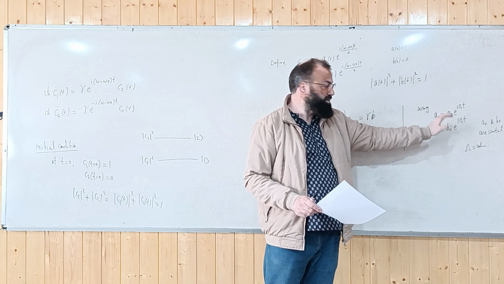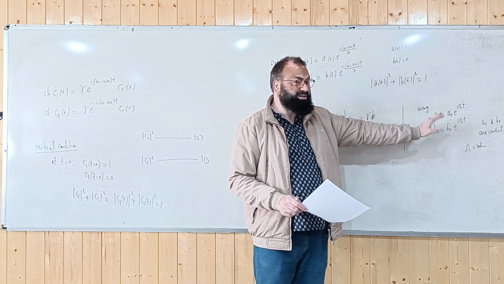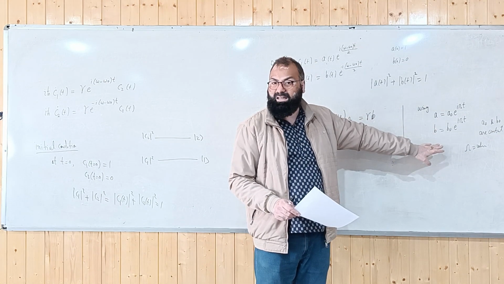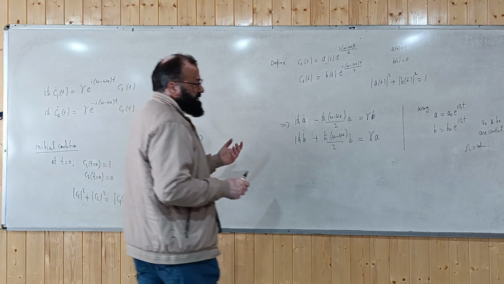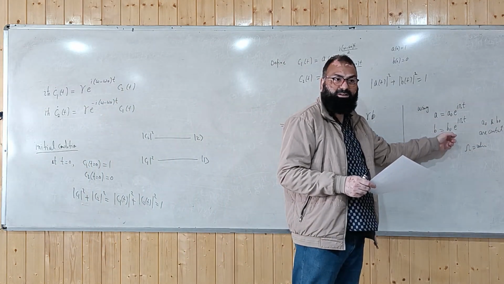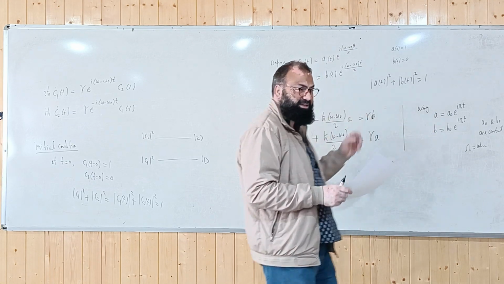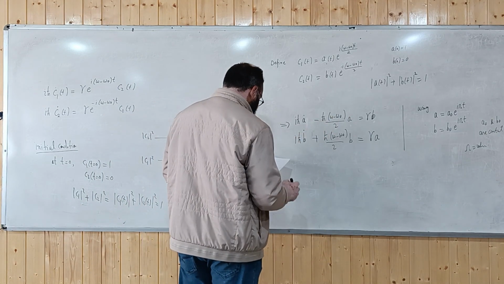If I first know what kind of values of omega are available, then I can fix A naught and B naught. If I know A naught and B naught, I will be able to figure out A and B. So let's substitute this here.